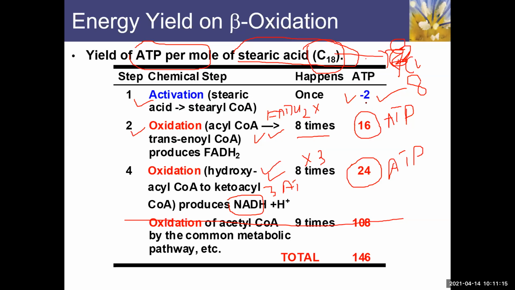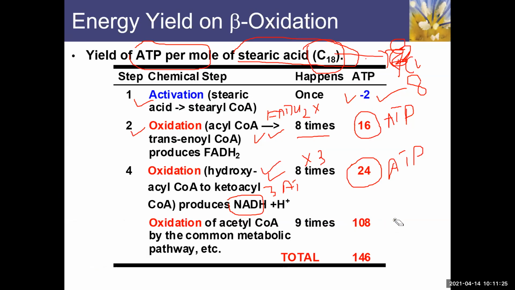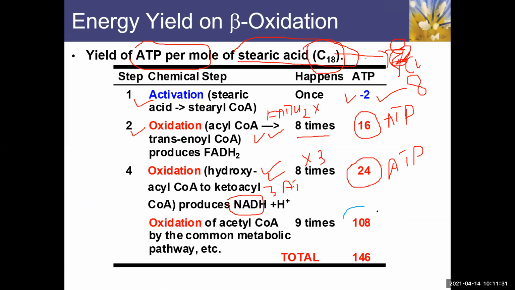Now you might think, how did this 108 come here? Can anyone explain this 108? Let me erase this. How did we get this 108 here? This one. Let me see if anybody can do it.